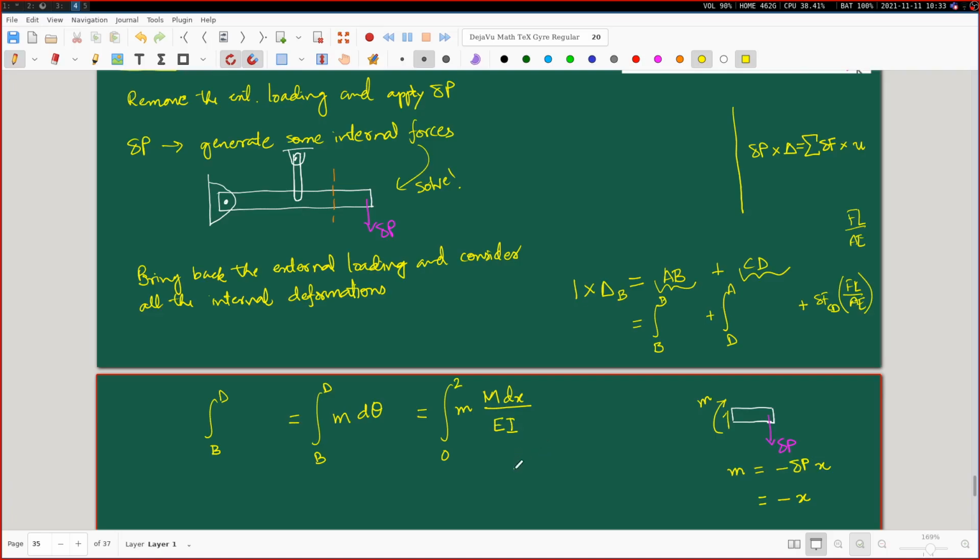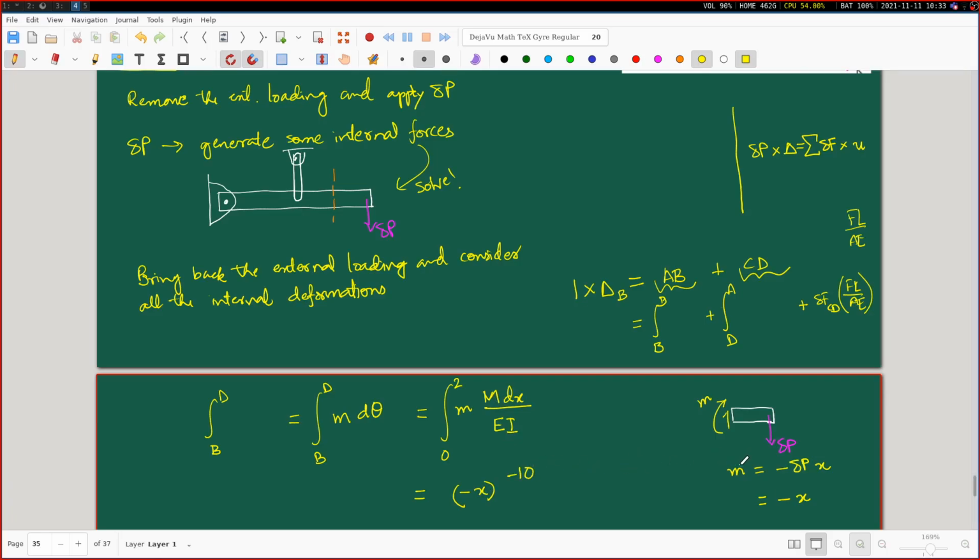So this answer is going to be in terms of a factor of 10 to the power 3 because we are considering the kilonewton thing. Okay. What is this capital M? Sir, 10 times small m. Yes. So this m is minus x. Capital M is just the moment associated with the 10 kilonewton force.